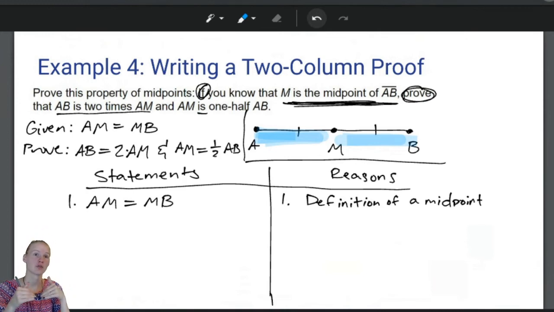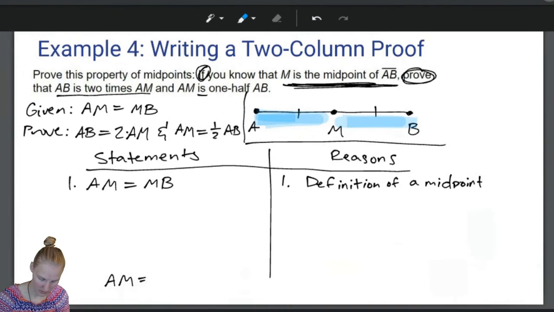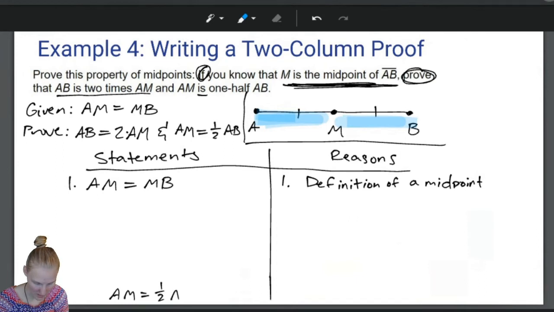So, we are trying to prove. Remember how in the very first example, I put what we are trying to prove? Now, we don't know what number of step it is, but I know that in the end, I want AM equal to 1/2 of AB.